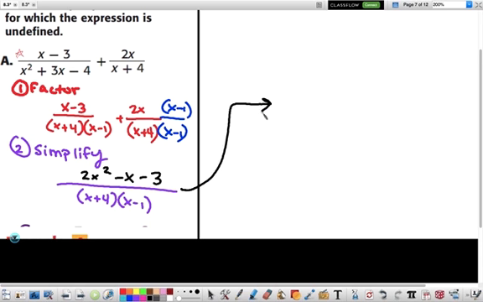Because multiplying 2x and x minus 1 is 2x squared. That's the highest power. That's x squared. You have to choose the highest power. To factor 2x squared minus x minus 3, multiply 2 and you're going to get back.